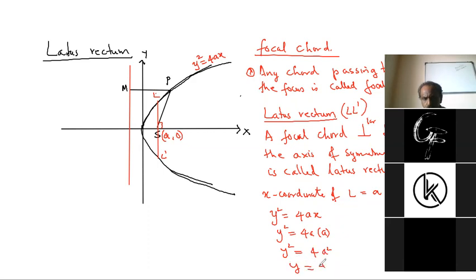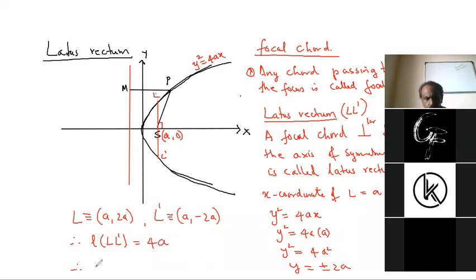So y is plus or minus 2a. So the coordinates of L will be (a, 2a) and L dash will be (a, minus 2a). Therefore, the length of L L dash will be 4a. Therefore, the length of the latus rectum is 4a. So much you have to know about the latus rectum.